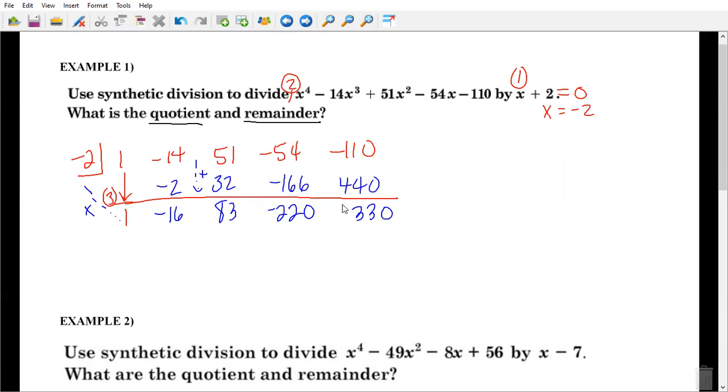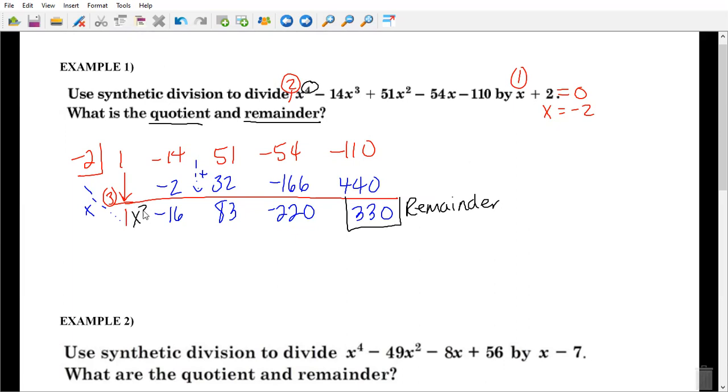So now that I'm done, I can state my quotient and my remainder. What is left at the end is your remainder. So my remainder is 330. My quotient, so I started off as a 4th degree, so my quotient is going to end as a 3rd degree.